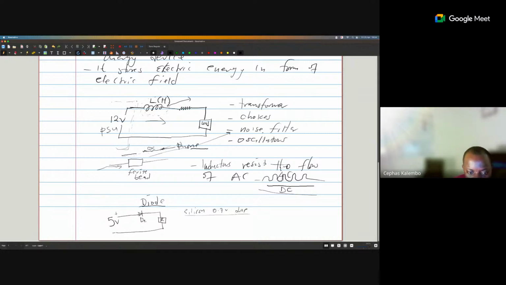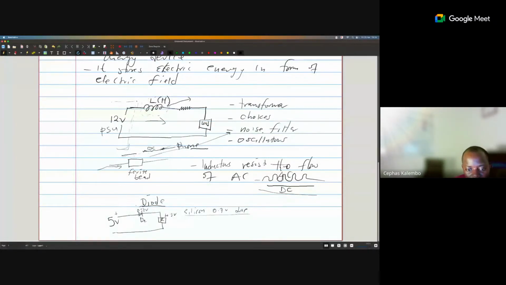So when you turn on, before this comes to 5 volts, this won't go on, not until it exceeds 0.7 volts. That's when the signal starts flowing through. So we have a 0.7 volt drop at that point, and the voltage we expect to reach this side would be 4.3 volts.